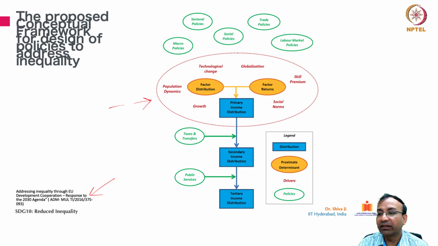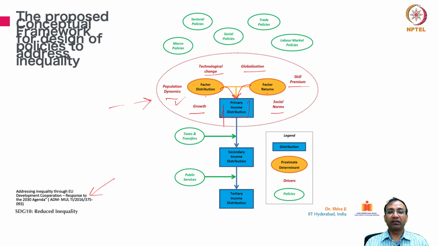So there is this system, enclosed by this dotted line, where we see factor distribution, factor returns, and inside that we have population dynamics, technological change, globalization, skill premium, social norms and growth, etc., adding to the primary income distribution, because these are the things which make you earn, it improves your value in the market, right? And in turn you make your living.